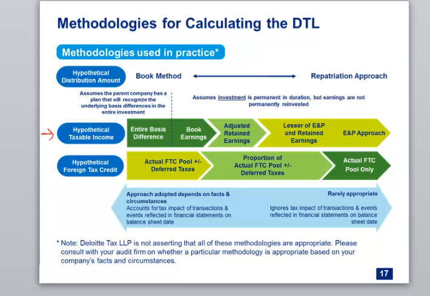And then the second aspect of that calculation, if you're accruing the 30, is embedded in that 30 is a foreign tax credit. You have to decide, am I accounting for that foreign tax credit based on the credit that would go on a return, which is more of a tax pool number, or am I using like a provision number?